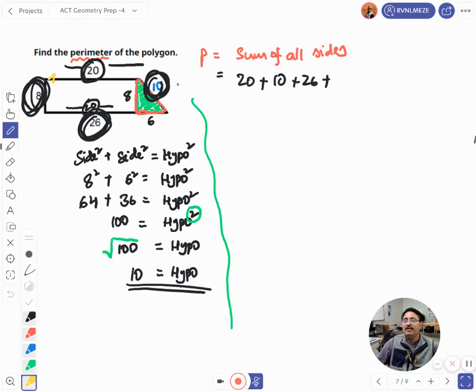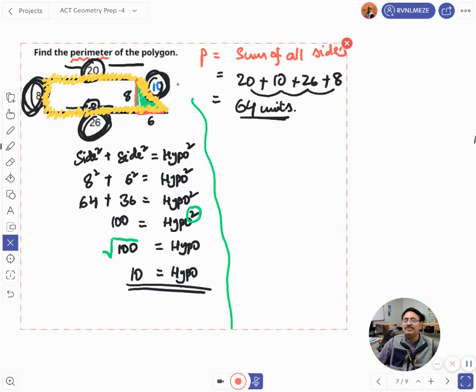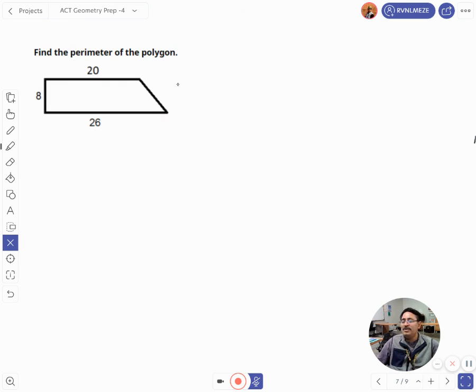This is 20, and just now we figured out the hypotenuse is 10, the whole length is given as 26 in the question, and this is 8. Therefore, all these sides I have to sum up. 20 plus 10 is 30. 30 plus 26 is 56. 56 and 8 is 64 units. That's the perimeter.